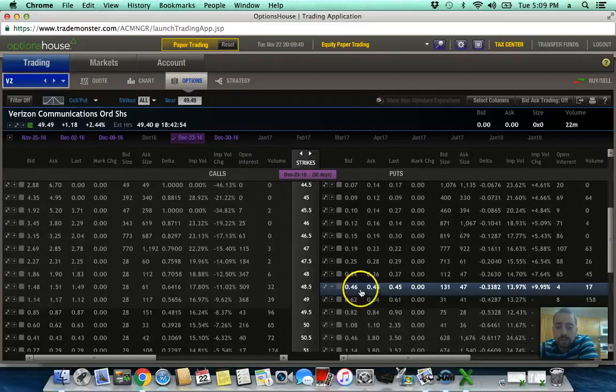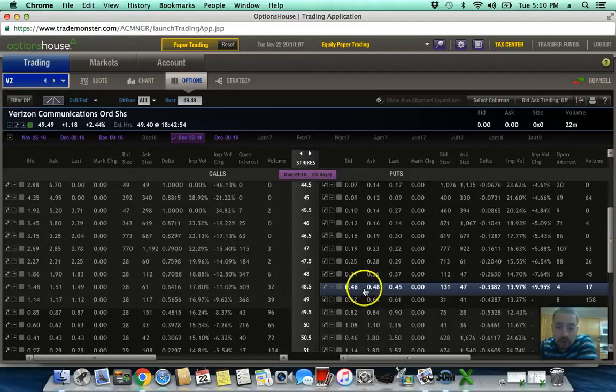So let's say you do one contract, you're going to get $47, because 47 cents times 100 is $47. So you're going to get $47 for that contract. Now let's say you do two contracts, that would be just under $100, which would actually pay off your phone bill for next month.